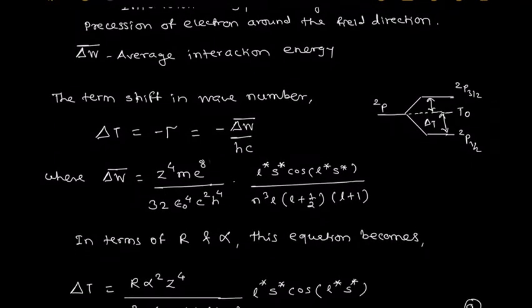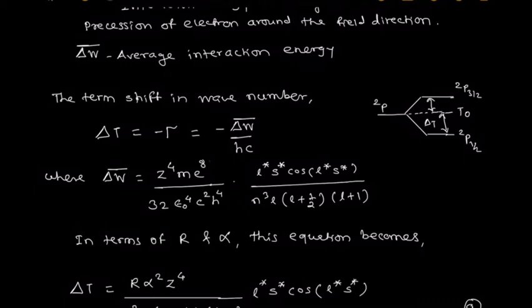That average interaction energy gives the relation Z raised to 4 m e raised to 8 divided by 32 epsilon 0 raised to 4 c square h raised to 4 into the other term L star S star cos L star S star divided by n cube into L plus half into L plus 1.